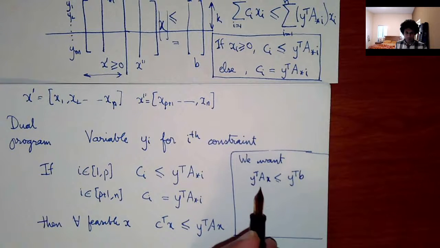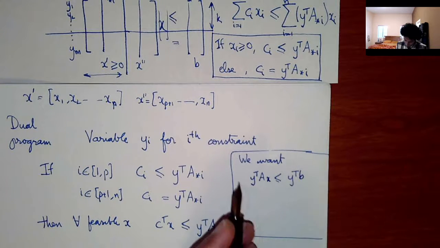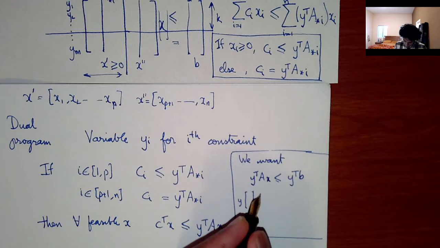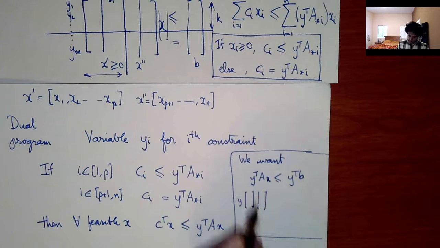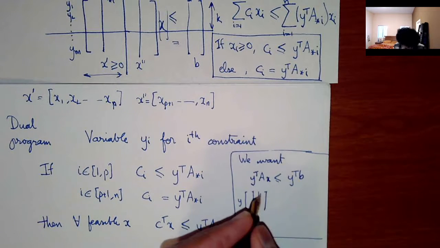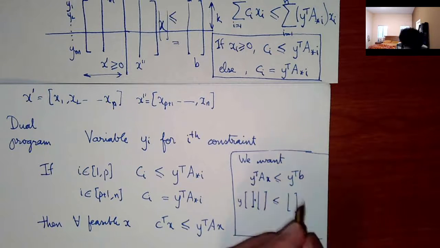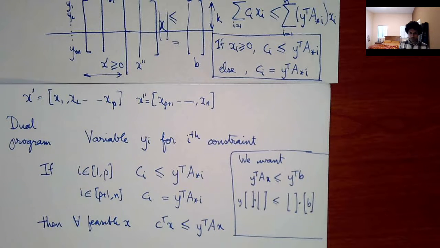But you have to be careful. I'm just writing this, so this is y, and Ax is also some column vector, and you want this to be at most y times this column vector B. We're taking dot products here.